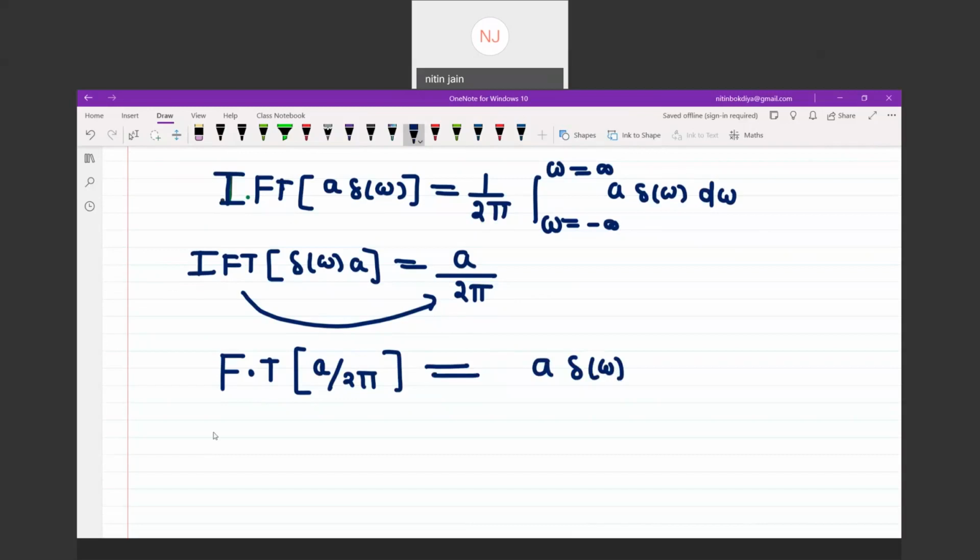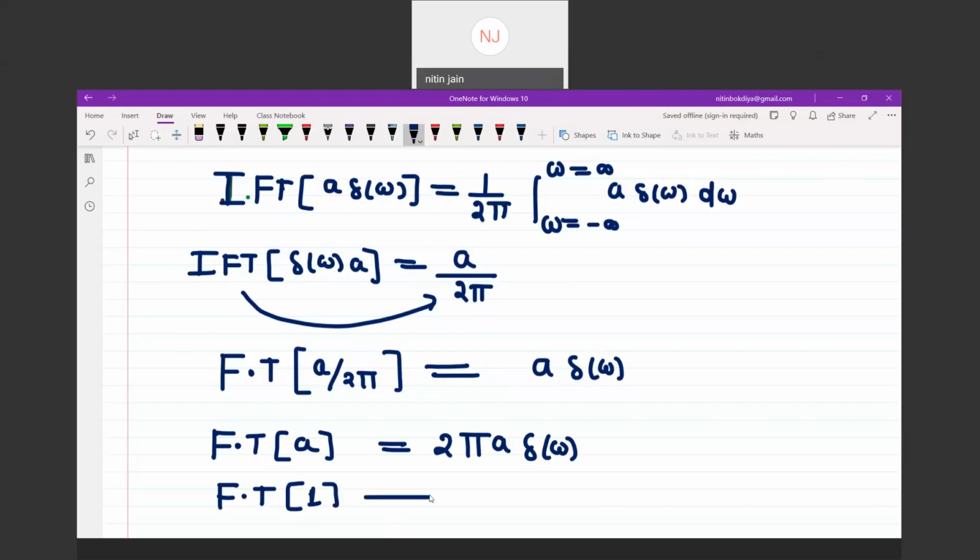So I can say the Fourier transform of a constant a is, because it's linear, you can multiply 2 pi on both sides. So this is 2 pi a into del omega. Or you can say the Fourier transform of 1 is given by 2 pi del omega, and this is the answer.